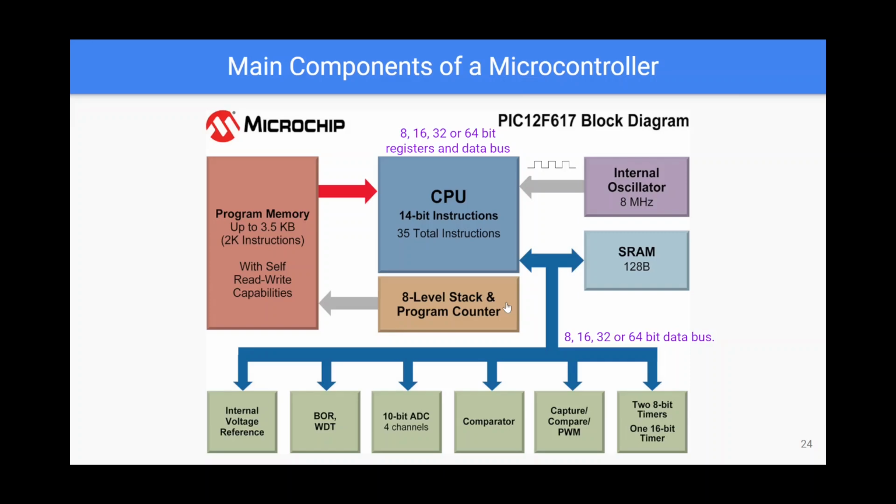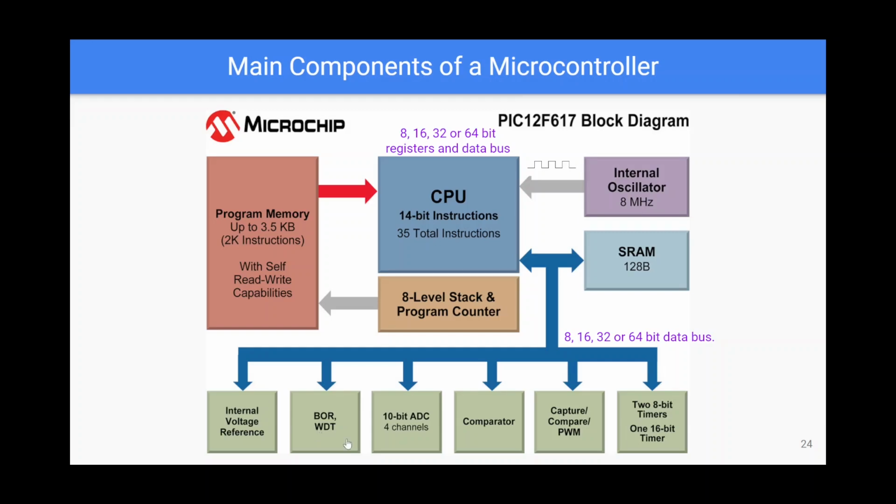The internal oscillator is inside this microcontroller chip. It generates 8 megahertz in this particular block diagram. So there is circuitry which can generate an 8 megahertz square wave, and that's what we call an internal oscillator. Then there are the internal voltage reference circuitry, brownout reset, BOR for brownout reset, and WDT stands for watchdog timer.